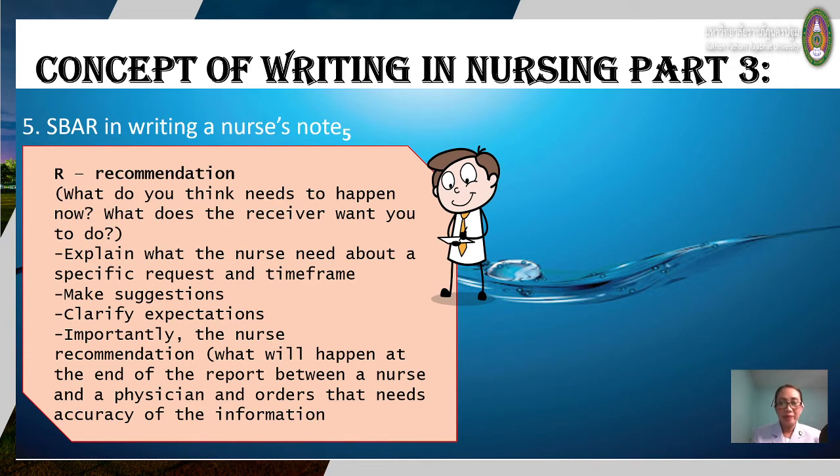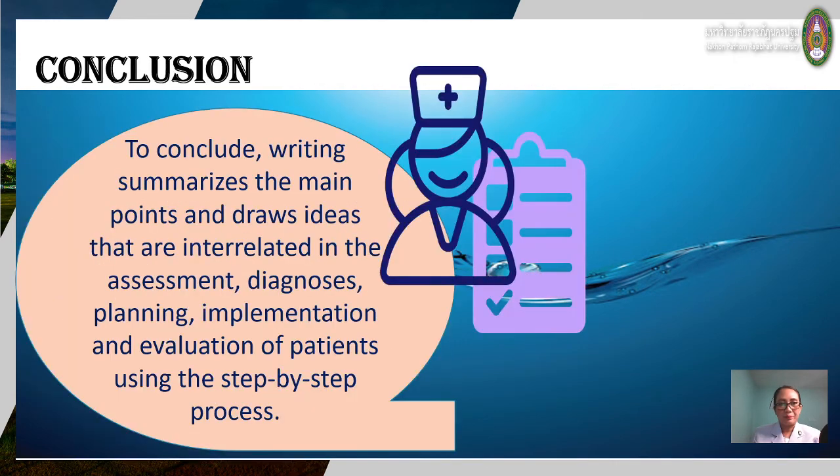And importantly, as a nurse, okay, what will you recommend? Okay, what will happen at the end of the report between a nurse and a physician on orders, that means accuracy of the information. So if you have accurate data from the patient, everyone will benefit, not only the nurse but also the doctor, because the doctor orders treatments and the nurse will be the one to carry out those procedures.